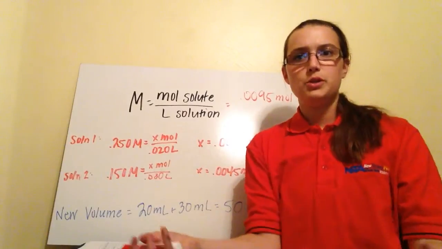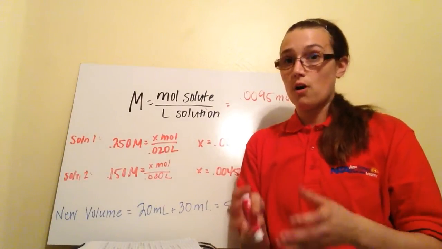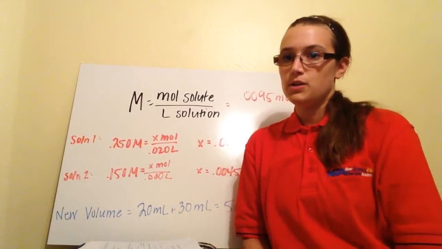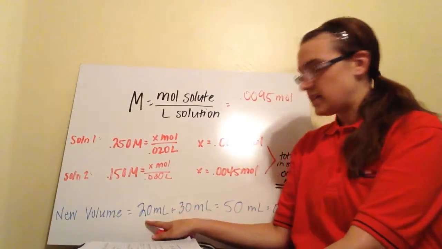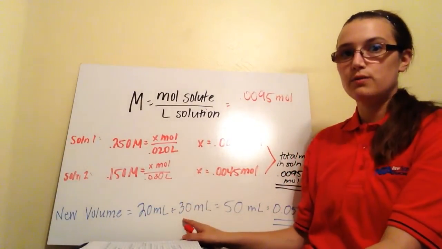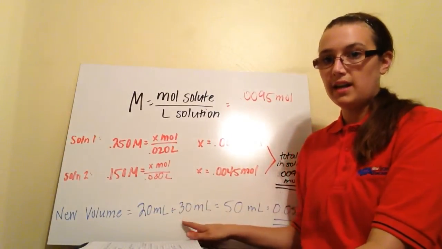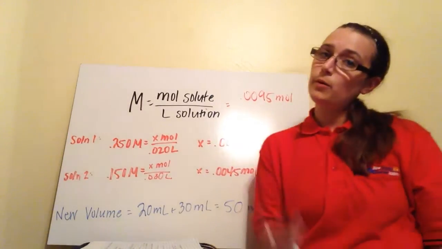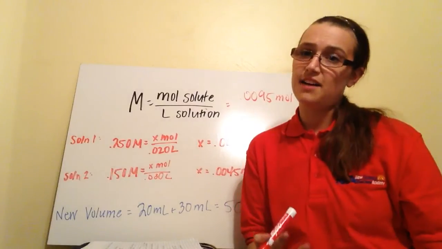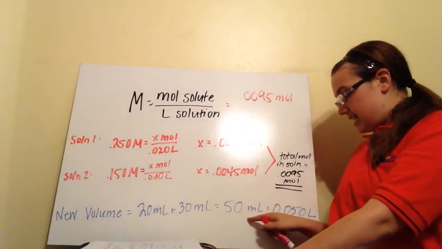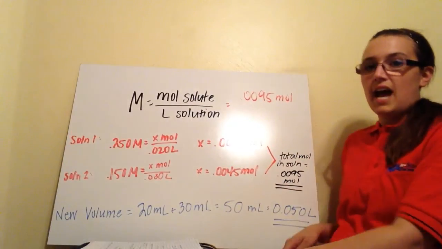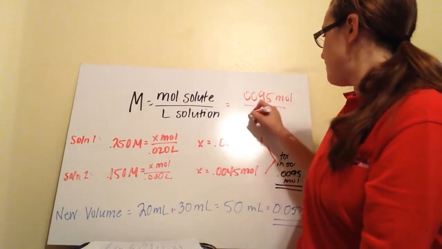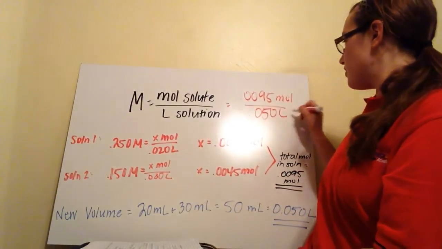Now if we're taking two solutions and we're adding them together, our volume is also changing. So to find the new volume, we can simply add our two volumes of solution 1 and of solution 2, and we get 50 milliliters. Now remember, when you're calculating molarity, you have to have liters. So I just divided it by 1,000, and we get 0.05 liters.